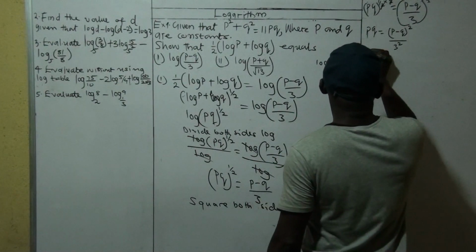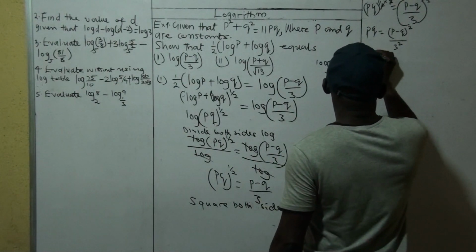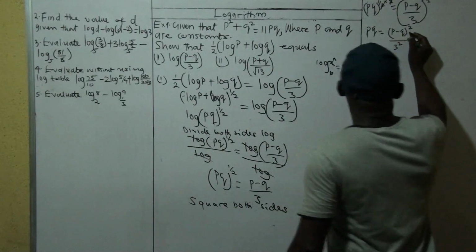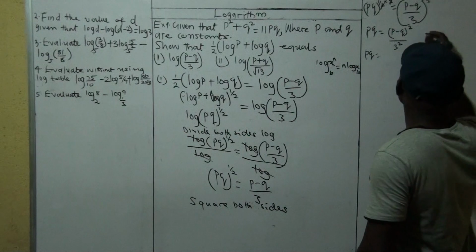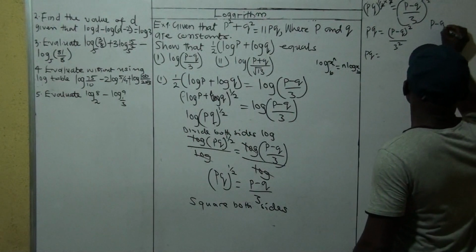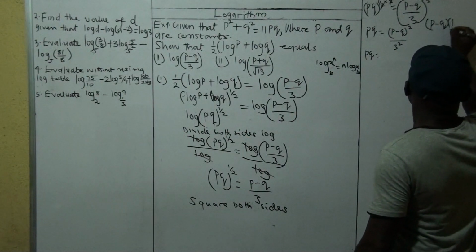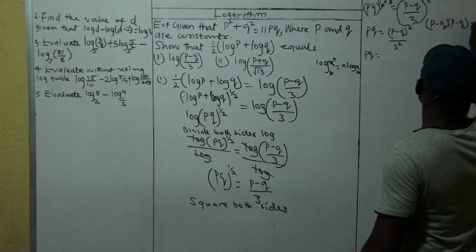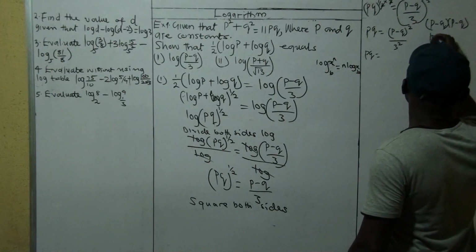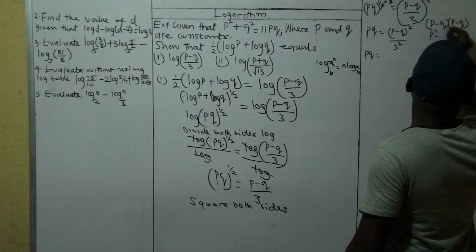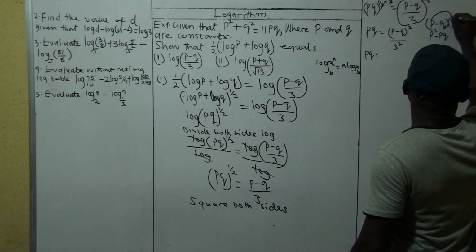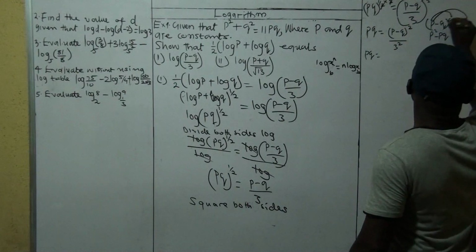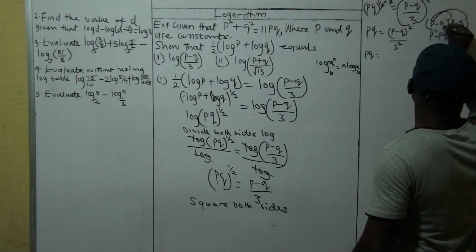So here we have pq is equal to, if we open this bracket, p minus q all squared simply means p minus q bracket p minus q. So if we open up, here will be p squared minus pq. This will multiply this, it will also multiply this. This will multiply this, and it will also multiply this.